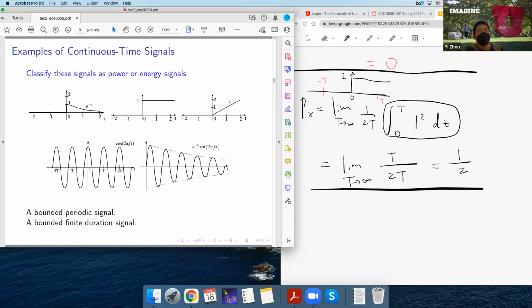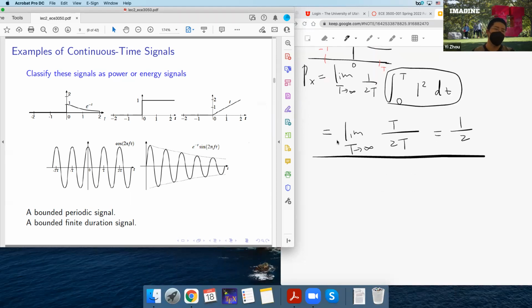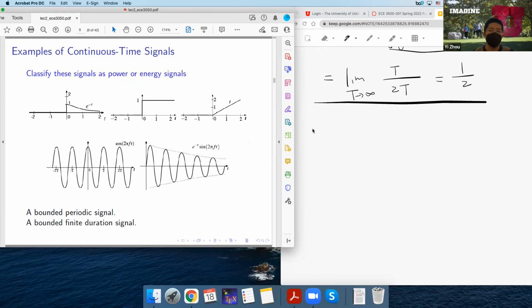Infinite, right? Because the magnitudes go to infinity, so when you integrate that, it must go to infinity. Okay, so now we have infinite energy. So the power part is a little bit tricky. We need to calculate the power to figure that out.